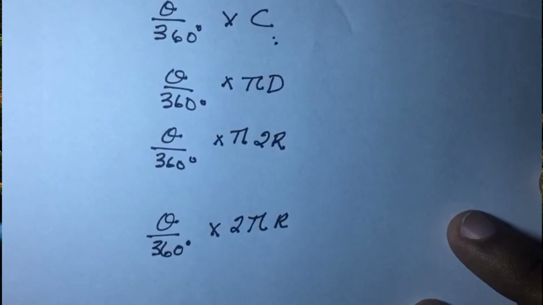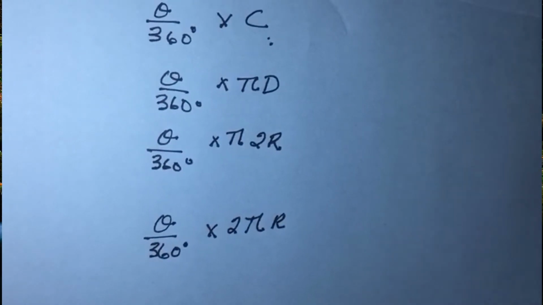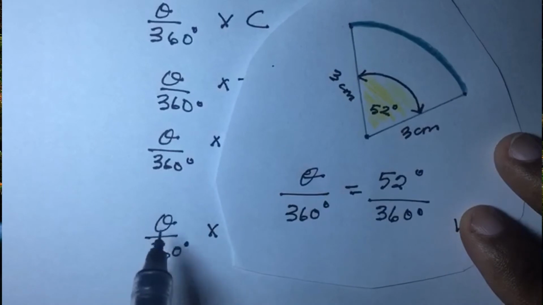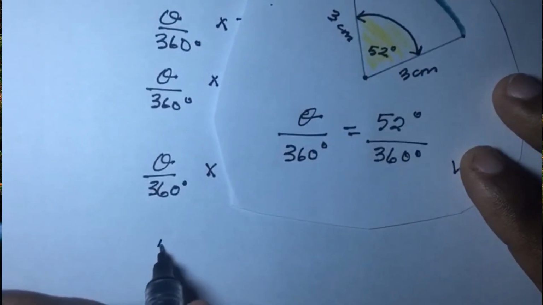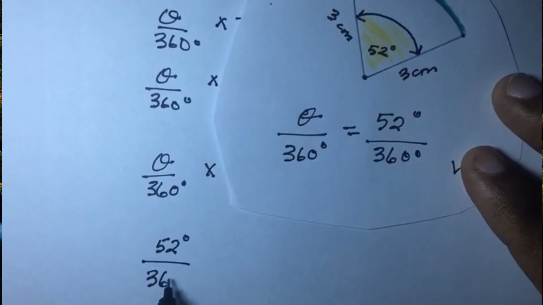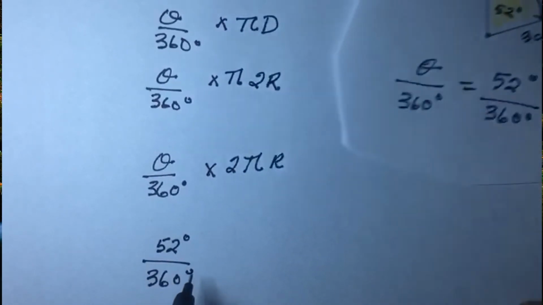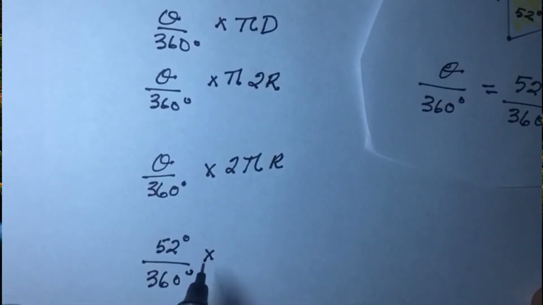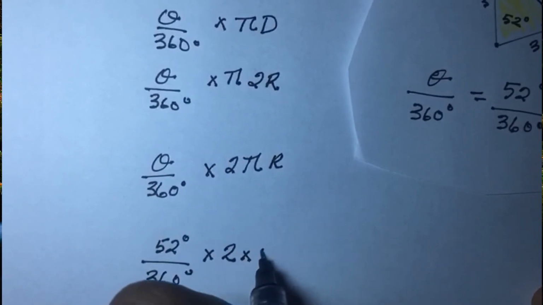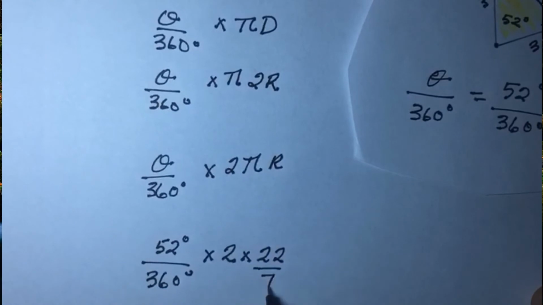All we have to do from here is substitute the values for theta, pi, and r. Based on our diagram, theta is 52 degrees, so wherever I see theta, I replace it with 52 degrees. I'm following my formula. Multiply comes next. Times 2, times pi, and we know that pi is 22/7.